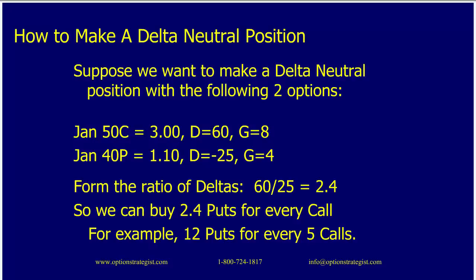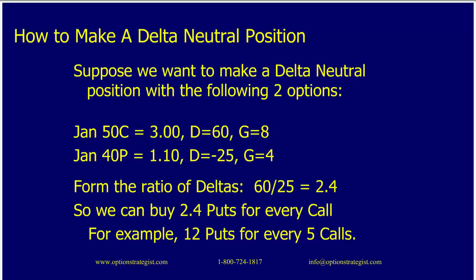So I take 60 over 25. Don't have to worry about the negative sign here. I get 2.4, and what that means is we have to buy 2.4 puts for every call. So in this case, we can't buy fractions, of course. So we could say, all right, how about we buy 12 puts for every 5 calls.